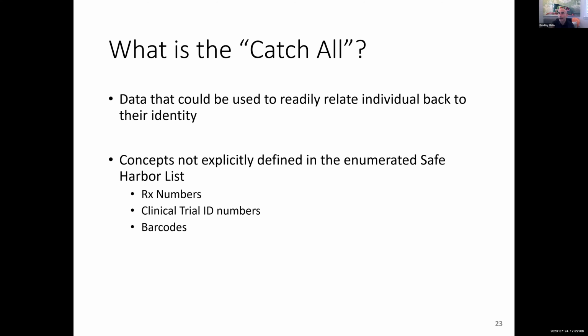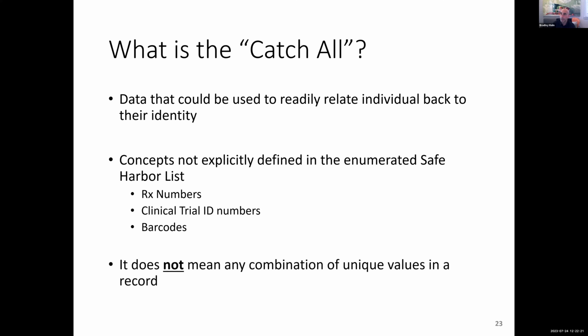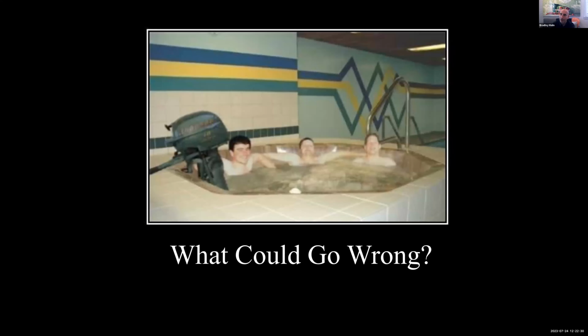Things that are not explicitly listed in what's called the Safe Harbor list are things like trial numbers or barcodes, and these are things that we know the federal government was concerned with. But it didn't necessarily mean that it's any possible combination of unique values for representing someone. And this was one of our guiding principles as we built this.